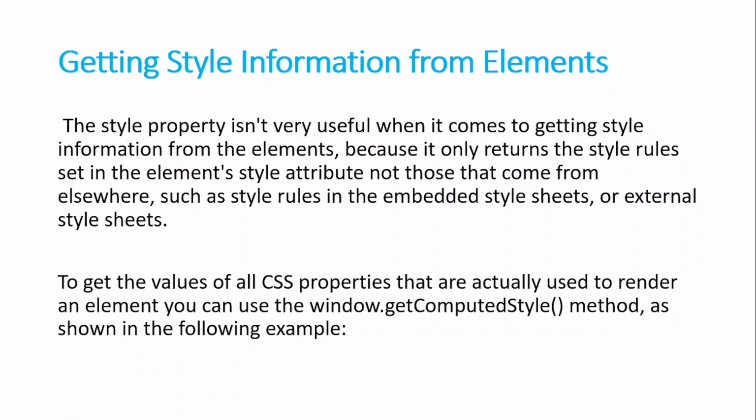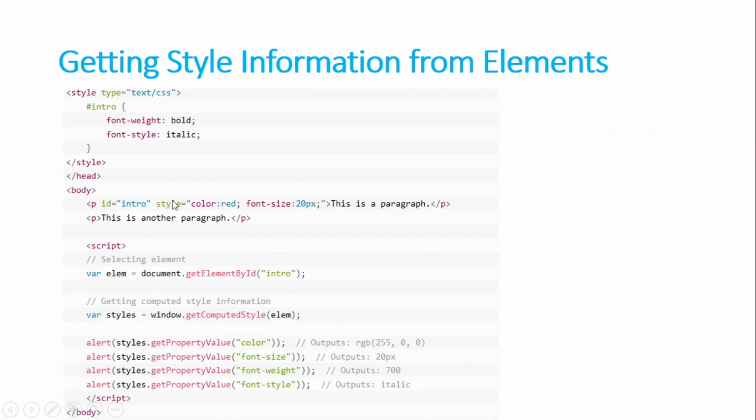So basically we use the window.getComputedStyle method. Let's see that. Now you can see we have this internal CSS, and in it we have applied style to this #intro ID, which is this paragraph, with font weight and font style as italic. And we have some inline styling, color red and font size 20 pixel, on this element.